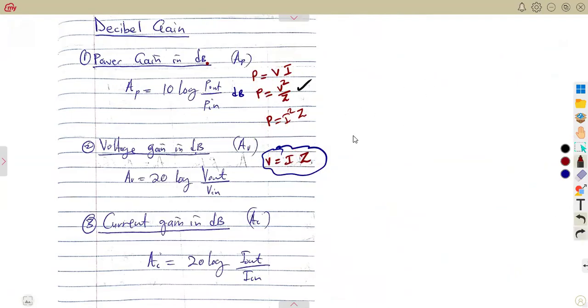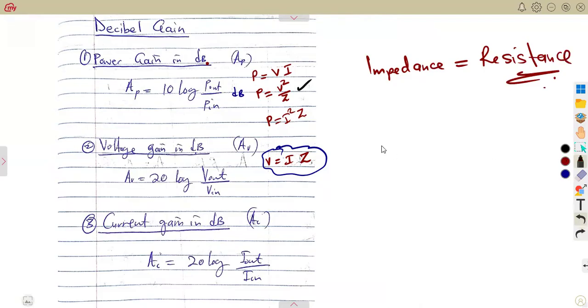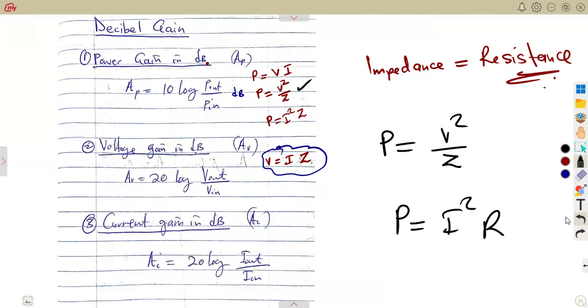Whenever you're talking of the impedance, just treat this as the resistance. If you understand that power is V squared over R, in place of R you're just writing Z. If you understand that power is equal to I squared times R, in place of this R you are going to put a Z.